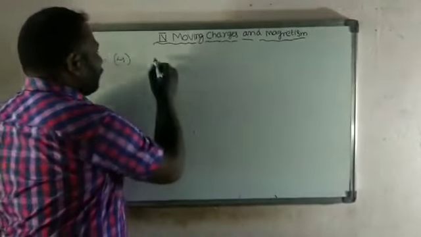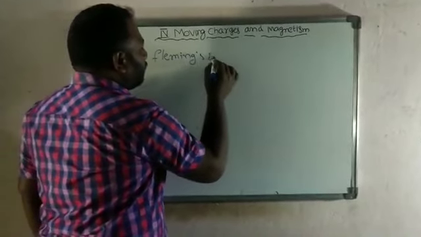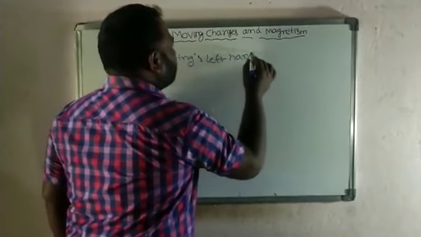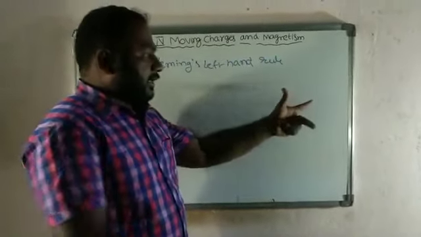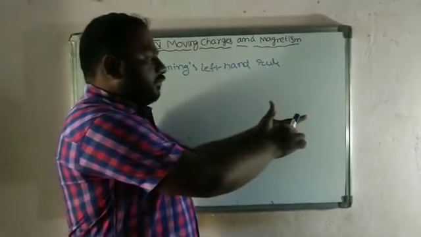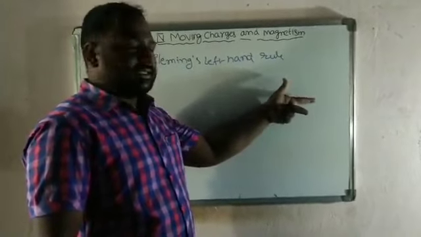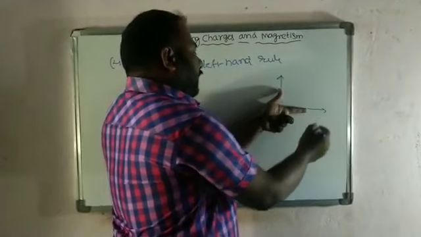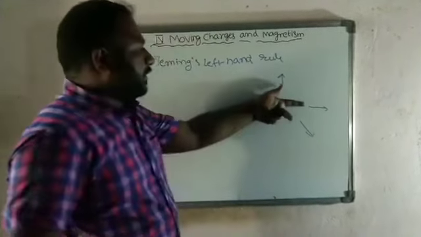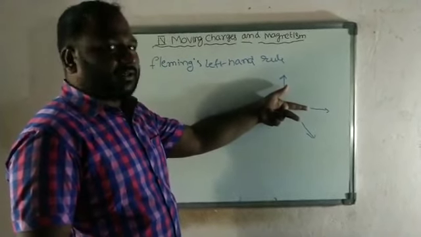The fourth point we need to remember is Fleming's left hand rule. Here the thumb, forefinger and middle finger of the left hand are stretched like this. All three are mutually perpendicular to each other.